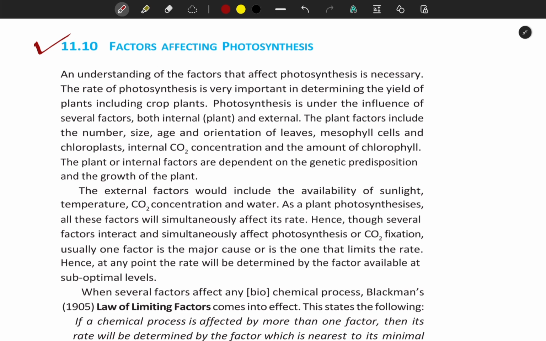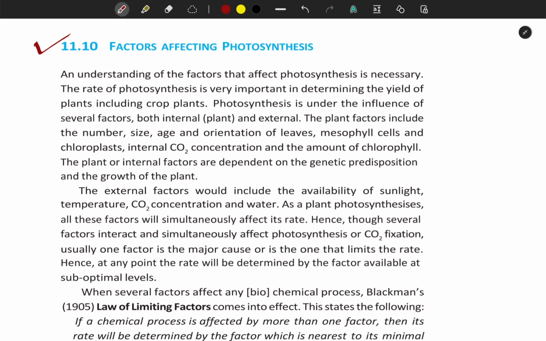The plant factors include the number, size, age and orientation of leaves, mesophyll cells and chloroplasts, internal CO2 concentration and the amount of chlorophyll. The plant or internal factors are dependent on the genetic predisposition and the growth of the plant. The external factors include the availability of sunlight, temperature, CO2 concentration and water.